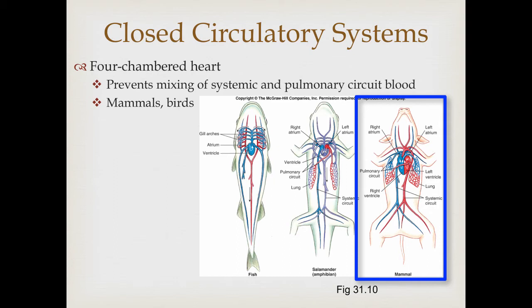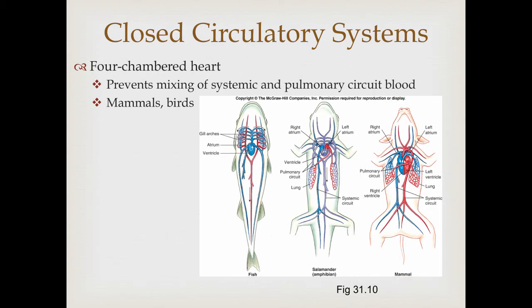And returning blood from the systemic system is dumped through the right atrium into the right ventricle before it's then pumped out into the lungs. This makes a complete separation of the two systems. So we have solved the pressure problem, but we've also solved the problem of mixing oxygenated and deoxygenated blood.